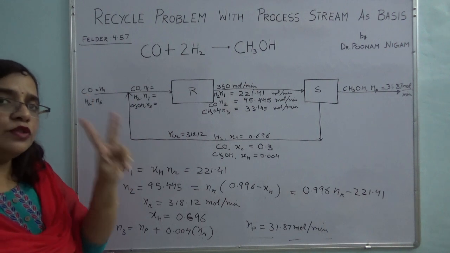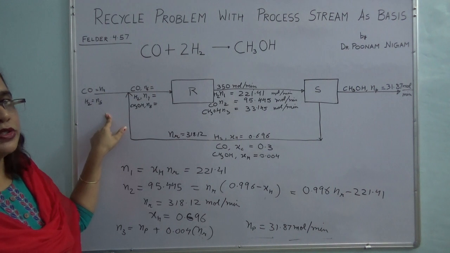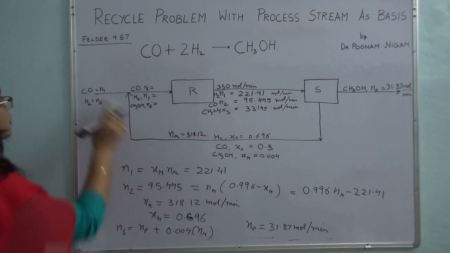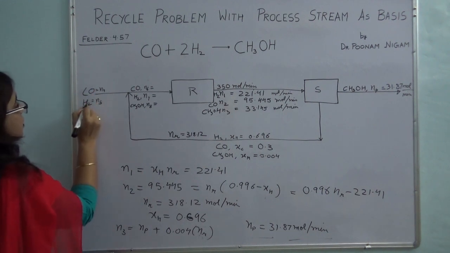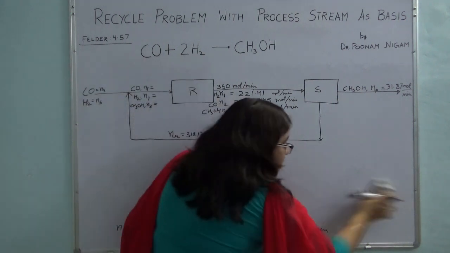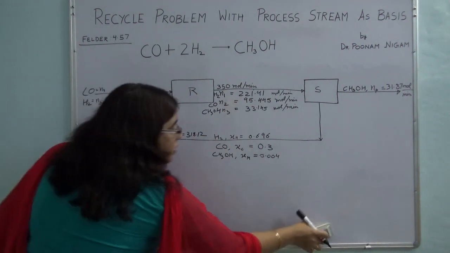So I have 2 independent atomic species balance and I have 2 unknowns. So I can take my balance on the overall system.